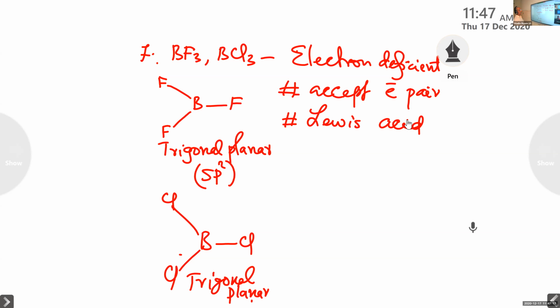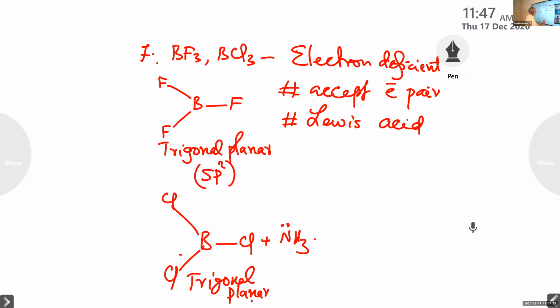BF3, BCl3, etc. are electron deficient. They can accept electron pairs. And electron pair acceptor is a Lewis acid. We know Lewis base is an electron pair donor. So what happens when BCl3 reacts with ammonia, NH3? In ammonia, on the nitrogen atom, there is a lone pair of electrons.